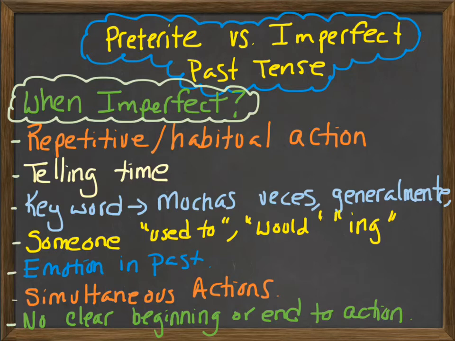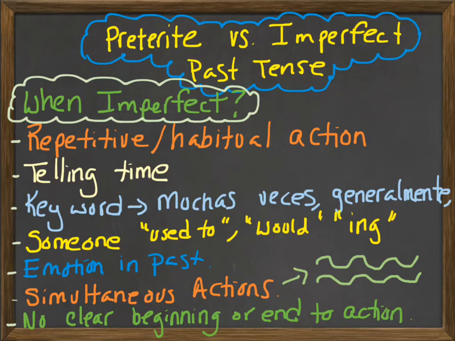And if you're ever expressing your emotions, or someone is expressing their emotions in the past, that's always going to be the imperfect. And if you ever see simultaneous actions in the past, remember we're talking about while this action was happening, this action was happening, okay? That's always going to be the imperfect.